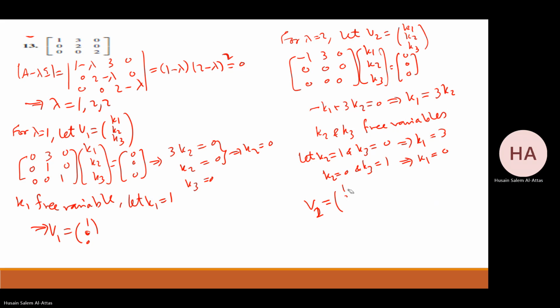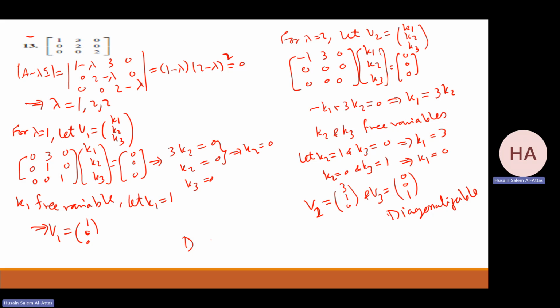This is 0, 1, 3. With K3 equal 0 and K2 equal 1, K1 equals 3. So that will be 3, 1, 0. And V3 will be 0, 0, 1. So it's diagonalizable. Why?